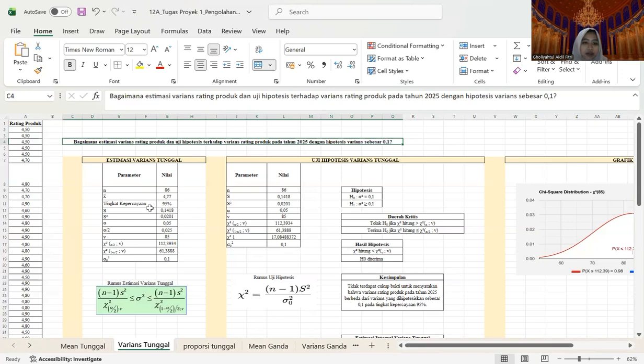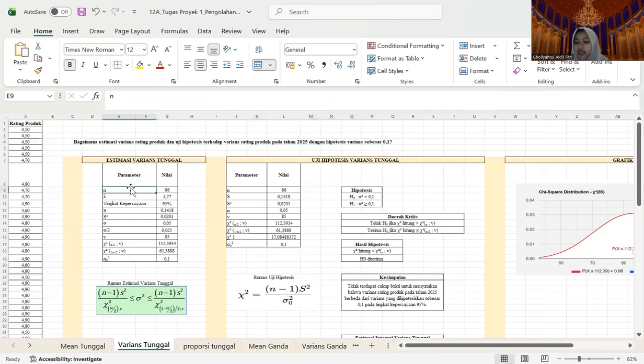First, let's look at the parameters we calculated in Excel. We had the sample size equal to 86, mean equal to 4.77, confidence level equal to 95%, standard deviation equal to 0.1418, and variance equal to 0.0201.